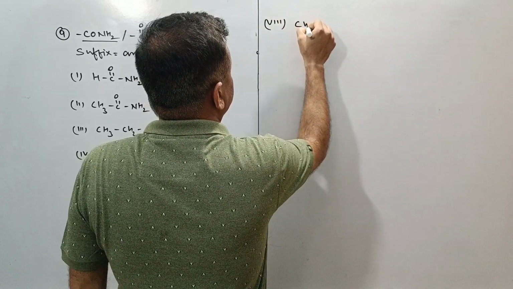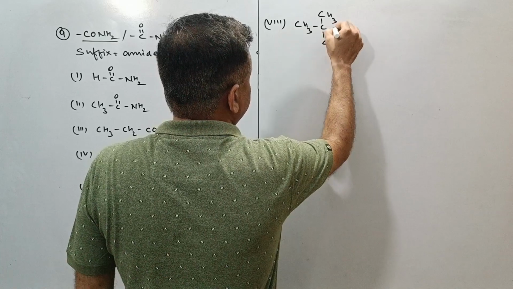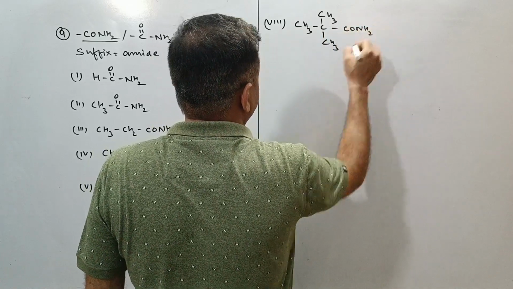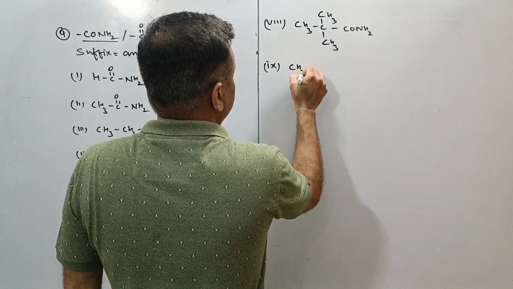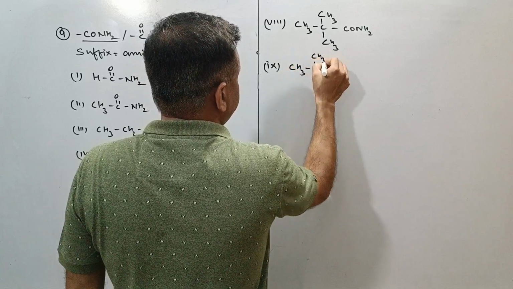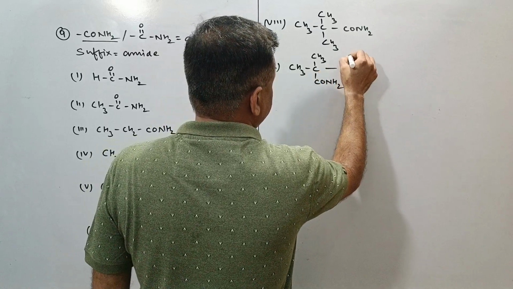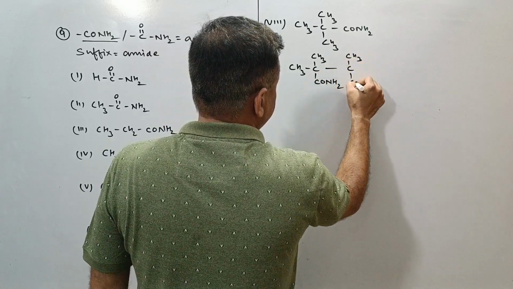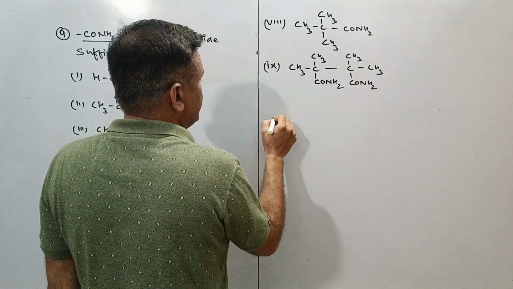What is that? With a complex chain, CH3 and CH3, this is the CONH2. Ninth compound as CH3, CH3, CONH2, and this is the CH3, CONH2, and CH3. This is the 10th compound.